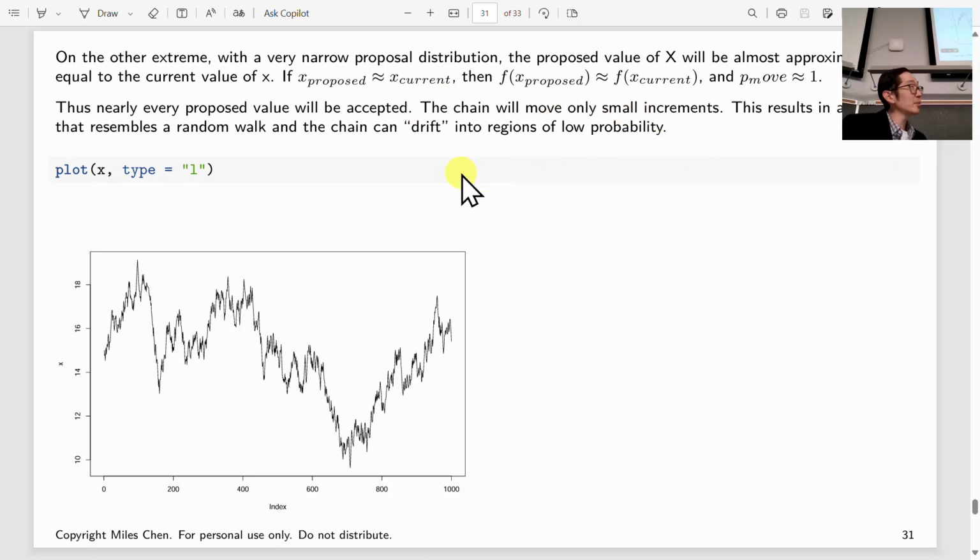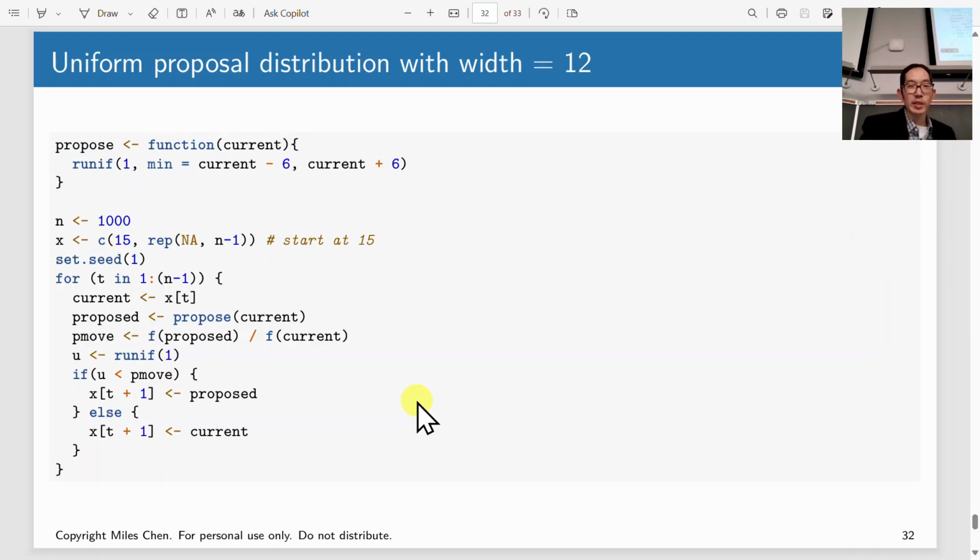This looks a little more like a random walk, and the chain drifts into regions of high and low probability. In the long run, it will converge to where it's supposed to be, but it's inefficient because you wander aimlessly throughout the distribution.